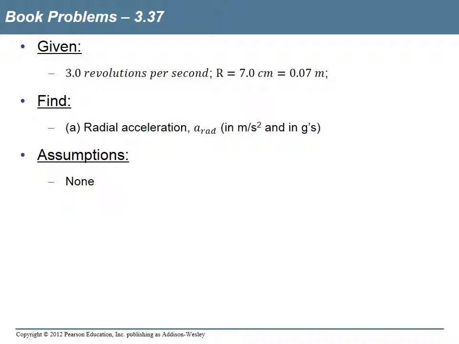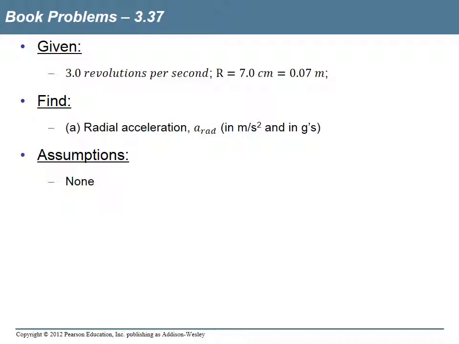If I get an answer of 19.6 meters per second squared, then that's 2 G's, because 19.6 divided by 9.8 is 2. If I got an answer of 29.4 meters per second squared, that is 3 G's, because 29.4 divided by 9.8 is 3.